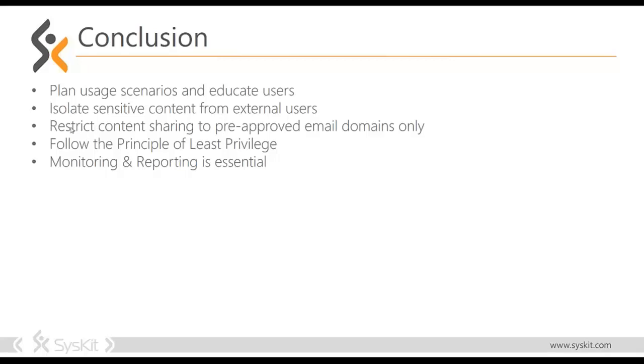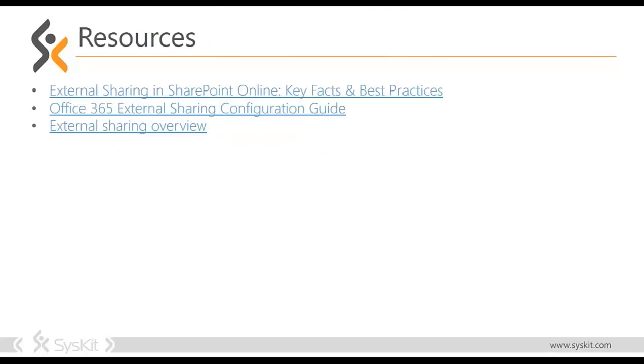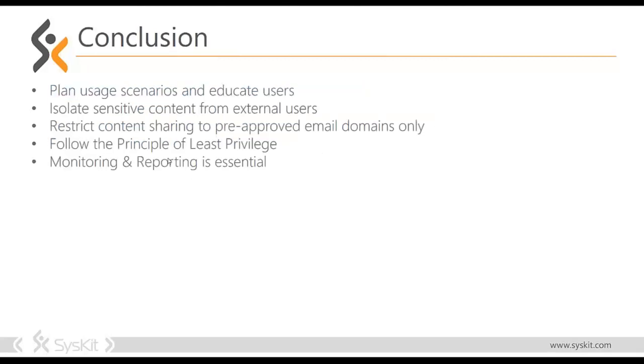If you plan to use or you need to use external users, then definitely a useful option would be to restrict content sharing to pre-approved email domains. So if you know the company domains that are partnered to a company, then it's pretty easy. You just go to the SharePoint Admin Center, enter domains, and you will not be able to externally share with anyone outside that company.